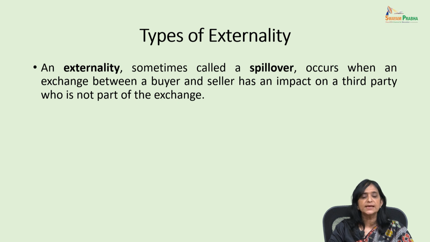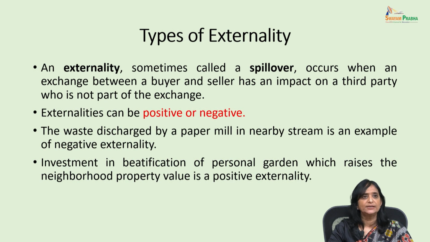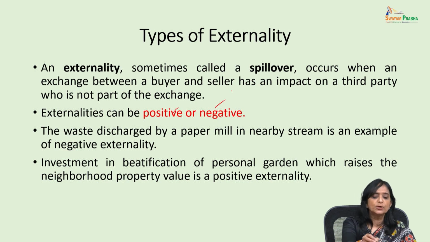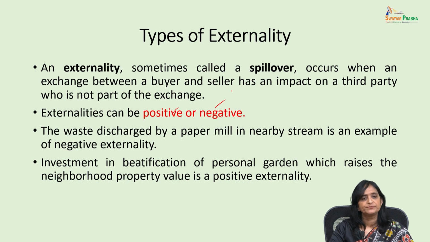So if buyers and sellers are interacting in the market, producing and consuming something, and its impact is on another party who is nowhere related to this exchange process, that impact is called an externality. We've already understood in the previous lecture that externalities can be both positive or negative.